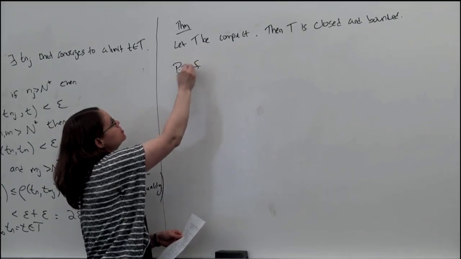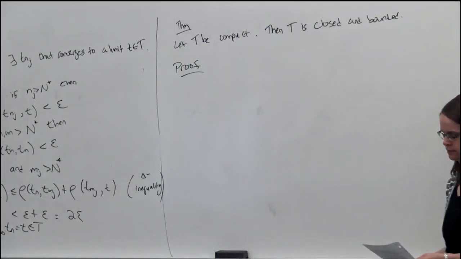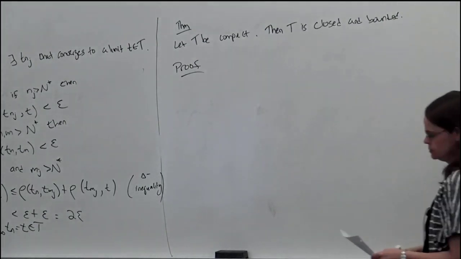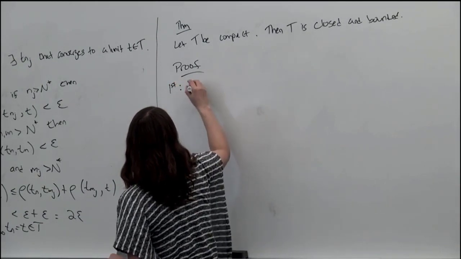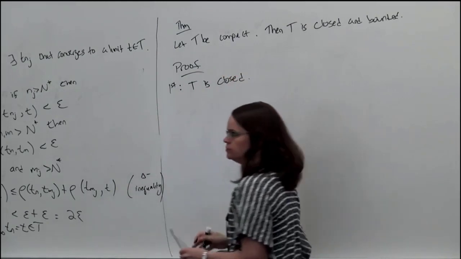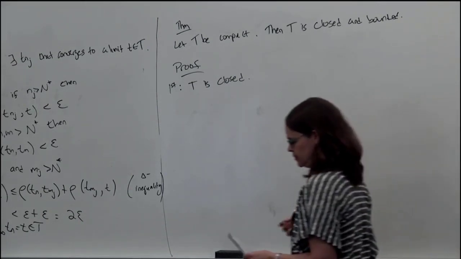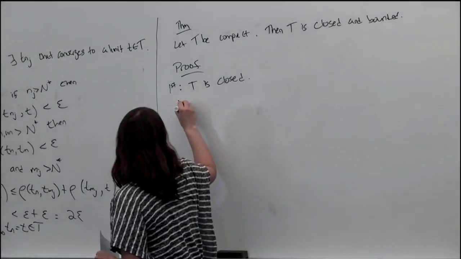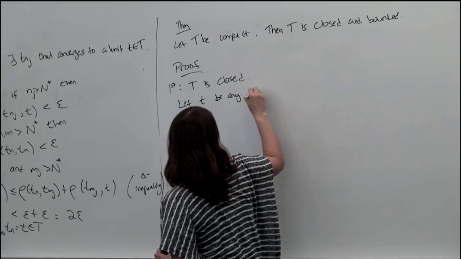So there's two things to show, that T is closed and that T is bounded. Let's show that T is closed. We're going to argue that T contains all of its limit points. That's one way of characterizing a closed set. So let's let T be any limit point.